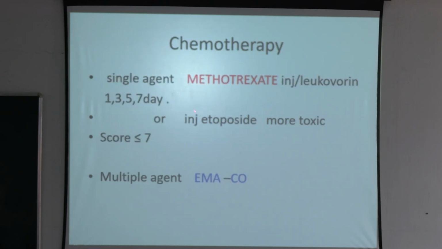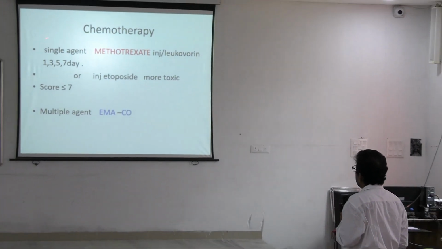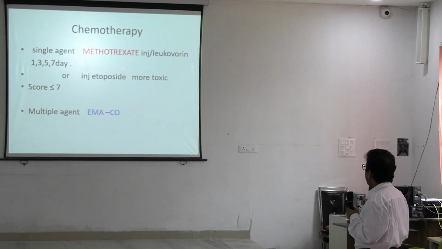So chemotherapy. What chemotherapy is to be given to reduce the beta hCG level? That is methotrexate injection and leucovorin. Leucovorin is folinic acid.